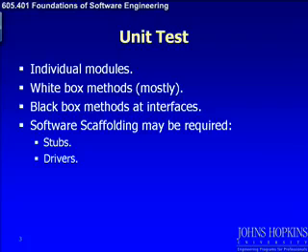So at the lowest level here, unit test, we can still use white box methods. Sometimes we'll use black box methods when we're testing the interfaces, and make sure the modules will interoperate with other modules properly. And usually some sort of software scaffolding is necessary for doing unit testing.